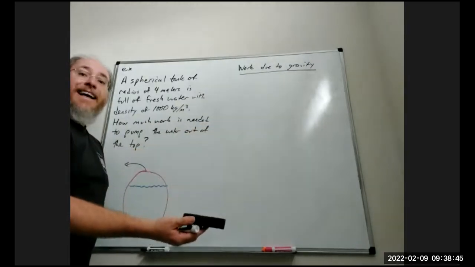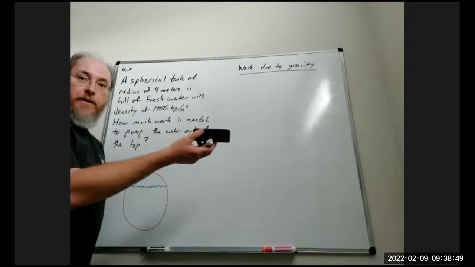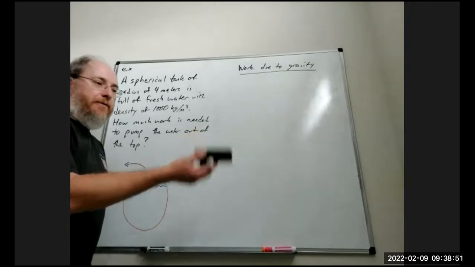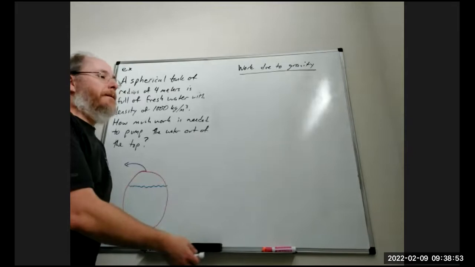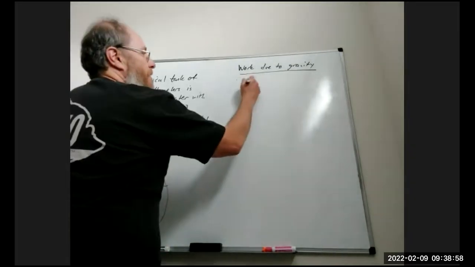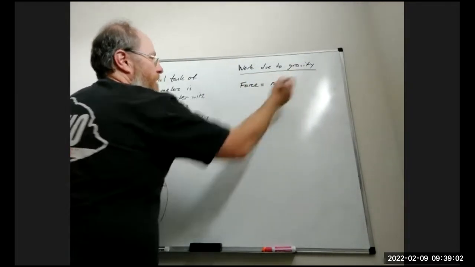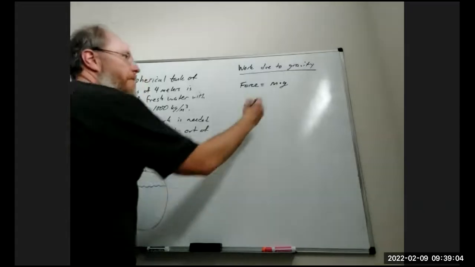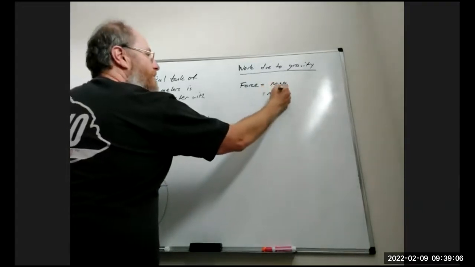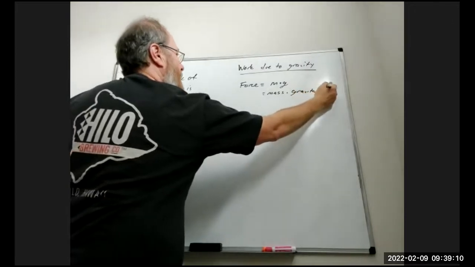We need to know its displacement, how far it moved. And we also need to know the force due to gravity. The force due to gravity is equal to m times g, where m is your mass times gravitational acceleration.